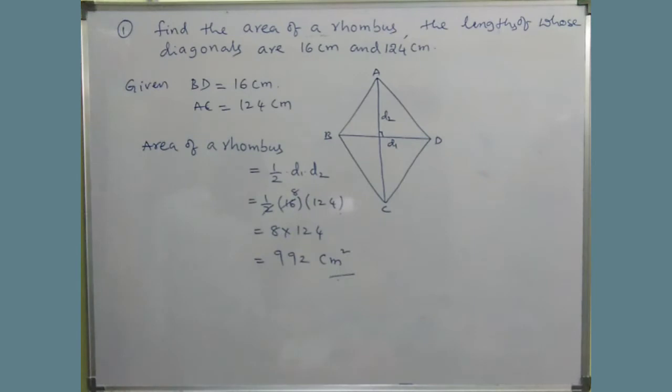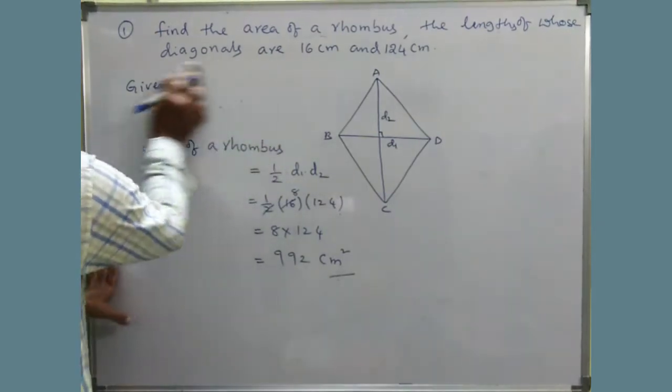So finally, area of a rhombus is equals to 192 square centimeter. Okay. Next.